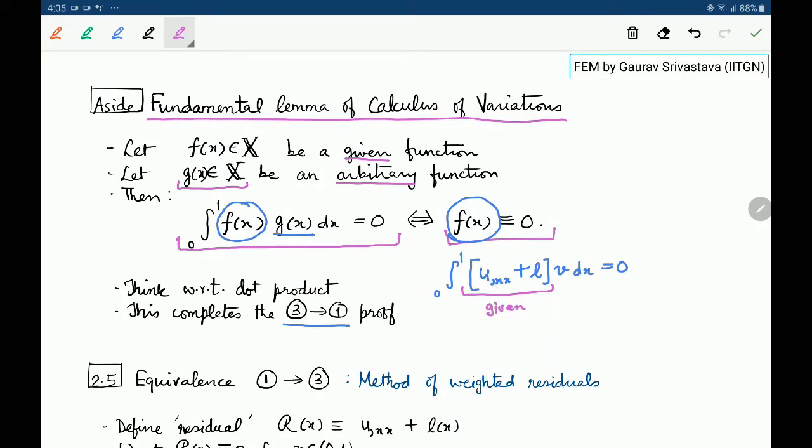L of x is a force field which will be given, and v of x is an arbitrary function. Why is it arbitrary? Because it is basically a virtual displacement, and you can take any form which is kinematically admissible as v of x. So that is an arbitrary function. So from this lemma, this 3 to 1 proof is completed.